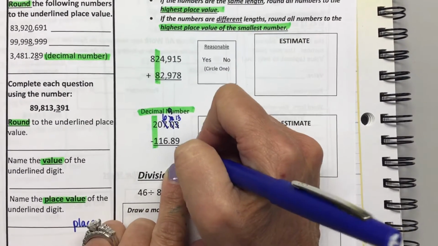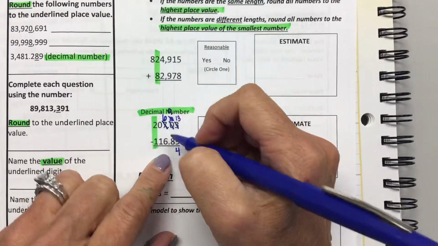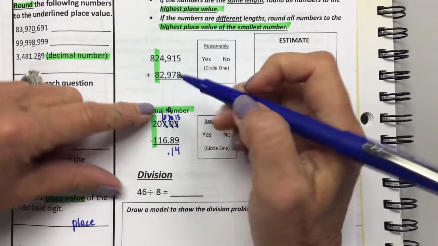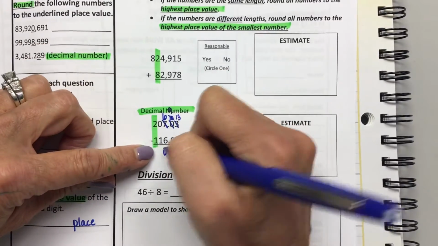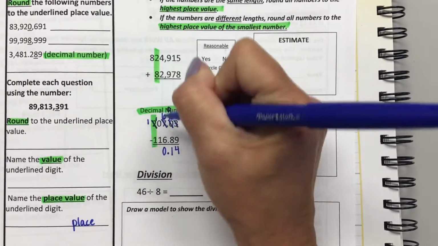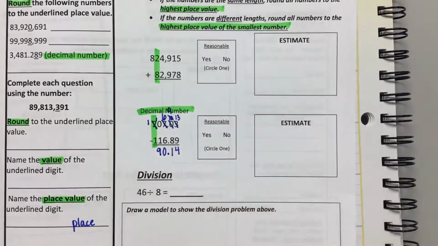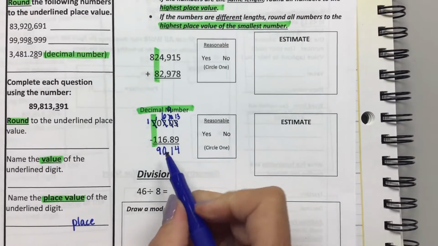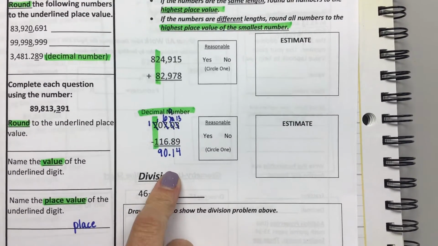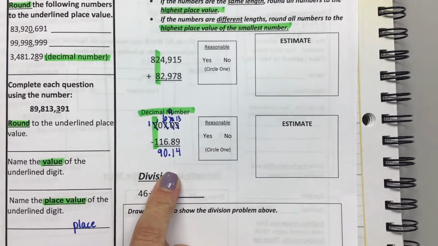13 minus 9 is 4. 9 minus 8 is 1. Bring down my decimal point. 6 minus 6 is 0. I can't do 0 minus 1, so I can regroup. 10 minus 1 is 9. So my answer is, just for fun, who can read this number? How do we say it?